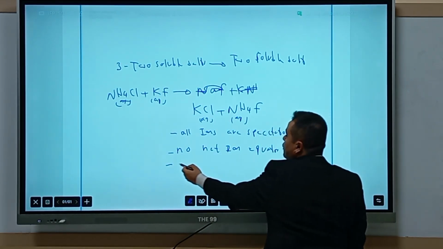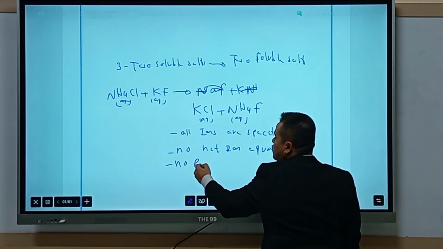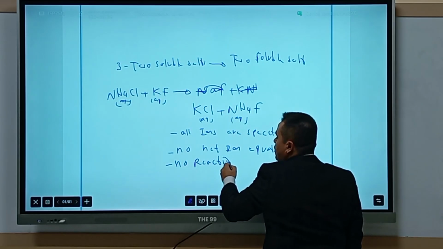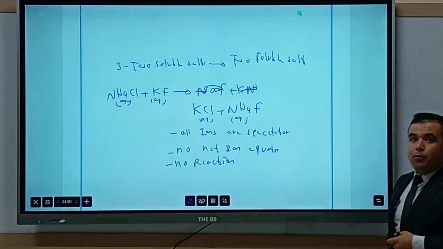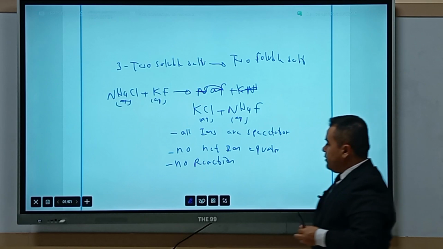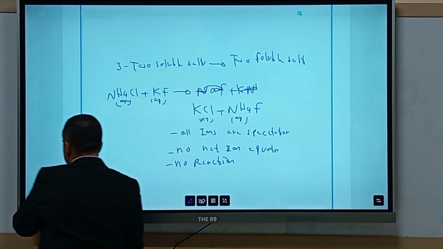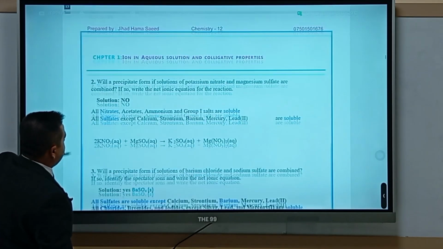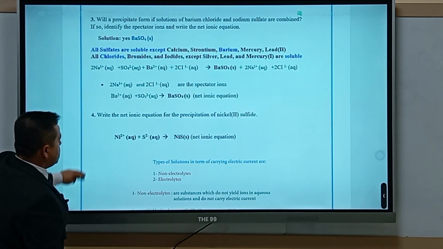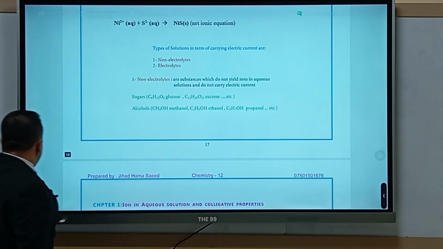Third, if there is no net ionic equation, we can say there is no reaction. There is no chemical reaction in the process. This was about the types of the salt. The questions about the types of the salt represent those types.